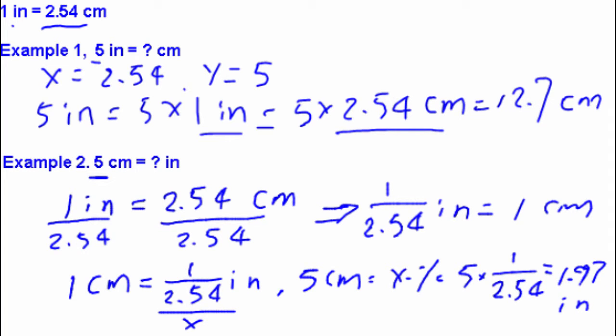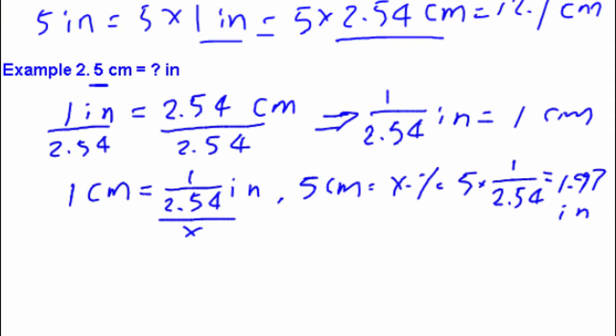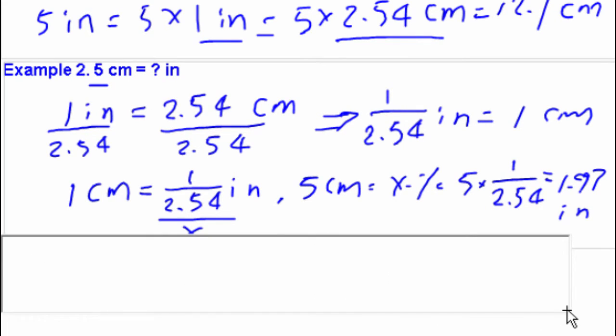So there you go. You just have another example where we have converted one unit to another. As you can see, there is something pretty interesting that we have discussed. In this particular example, we know that 1 inch is equal to 2.54 centimeters. And in the example above, we have 1 centimeter is equal to 1 divided by 2.54 inches.